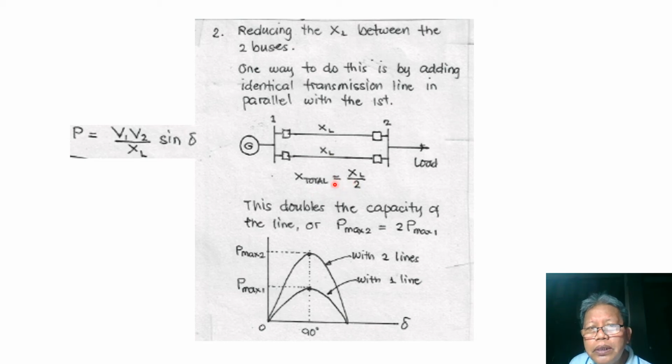Now, actually, if we do not want another line to be constructed, what we can do to reduce XL is to increase the size of the conductor, because the inductance of the conductor is equal to 2 times 10 to the minus 7 ln of DEQ over D sub S. D sub S is the self-geometric distance of the conductor.